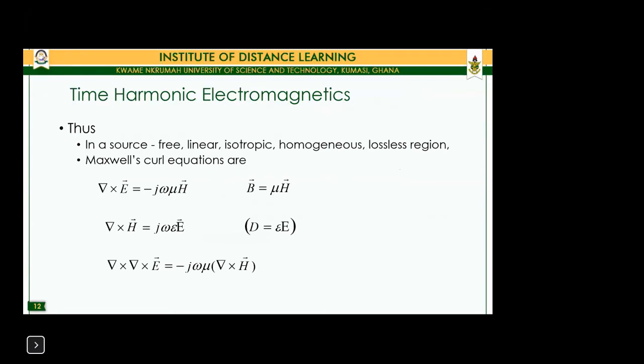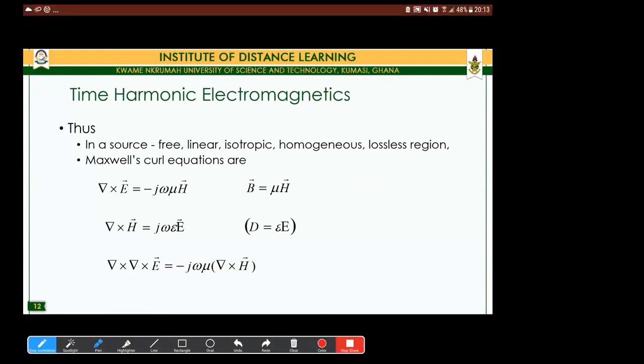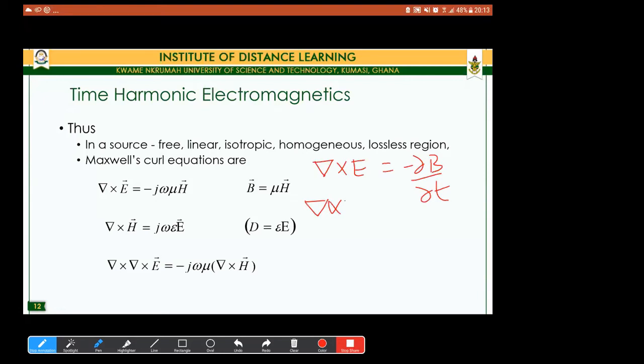And so we'll use this in finding some equations for Maxwell's equations. If you remember, curl of E was equal to what? Minus del B del t. So by what we just discussed, if we differentiate B, which varies sinusoidally, then curl of E will be equal to what?